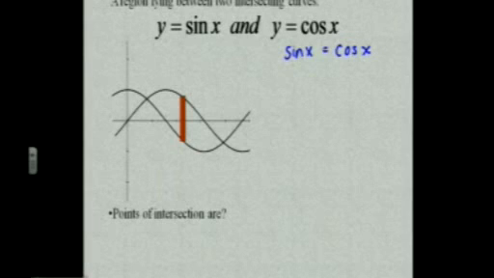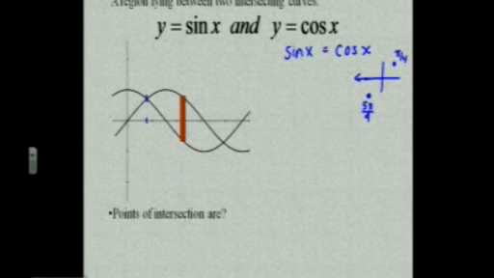Now, if you think about your unit circle, we know that happens at pi/4, and it also happens down here in the other quadrant. And if we think about that value on the unit circle, here's pi, so this is 5pi/4. So those are going to be my 2 points of intersection.